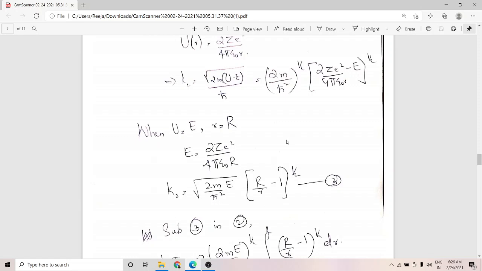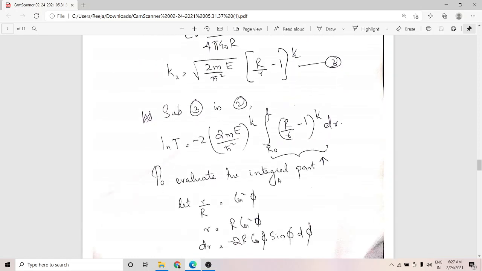So my equation becomes K2 is equal to 2mE by h cross square into (capital R by small r minus 1), because 2Ze square by 4 pi epsilon 0 will be equal to capital E into capital R, and that is replaced here. E I took common factor out so that K2 is equal to root of this constant into (capital R by small r minus 1) the whole raised to half.